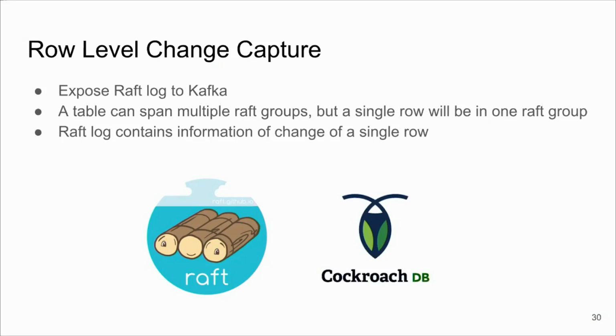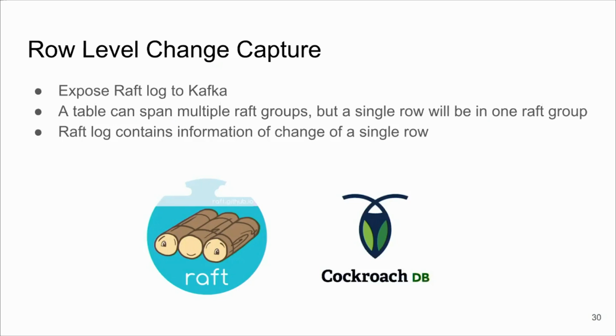If you expose this data to Kafka, you actually get a binlog, because your Raft log is like the redo log for a small region of your data. But this is easy, right?